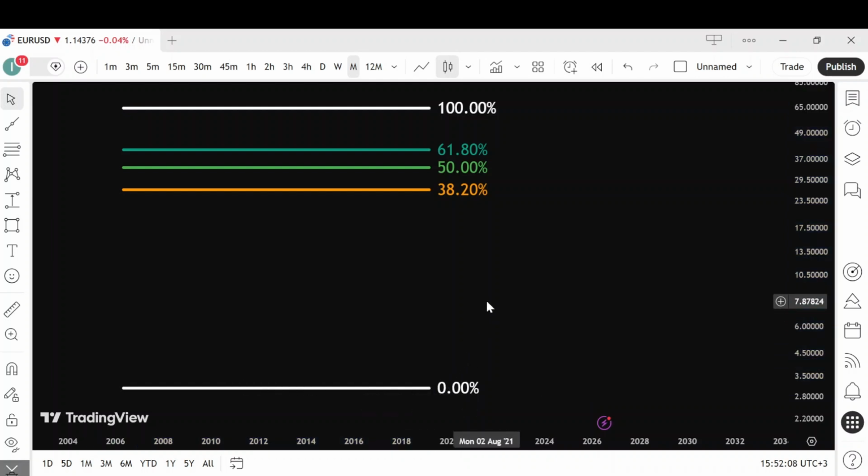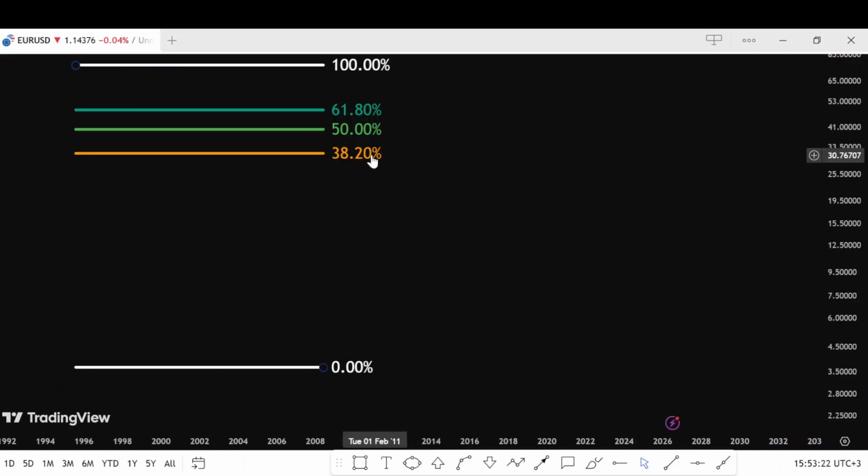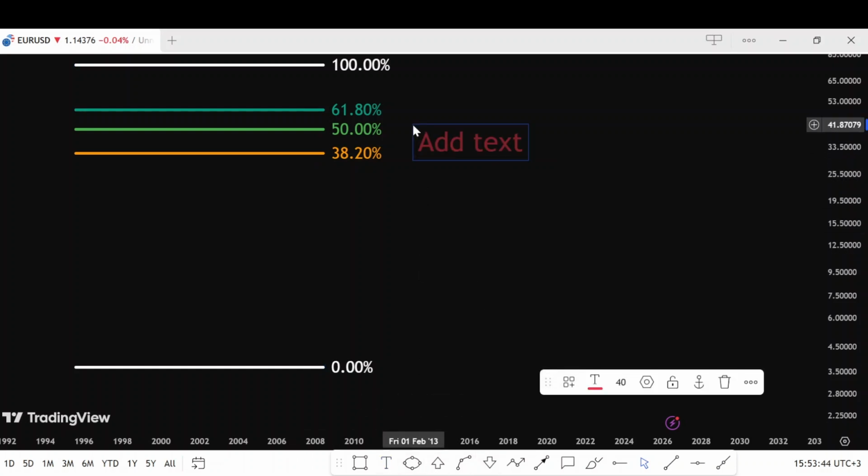So let's move on. To use this Fibonacci retracement tool, when price approaches these levels, 38.2% is for shallow pullbacks. Then the best levels we have are these. When price approaches the 50%, we call that a good level.